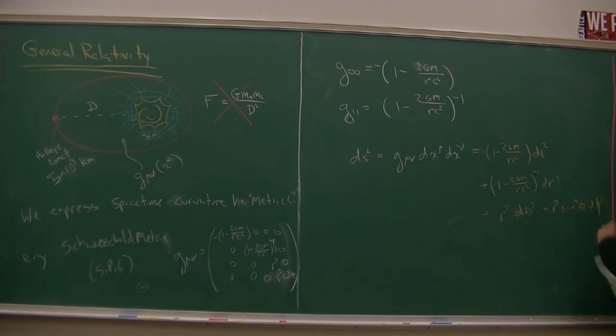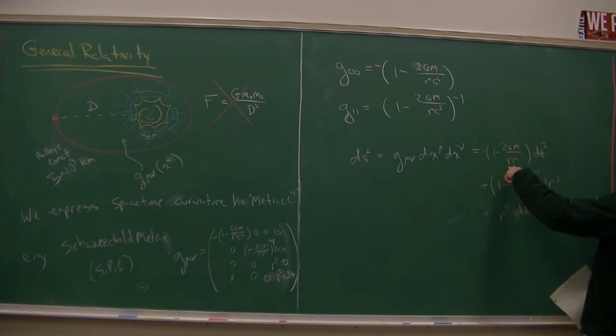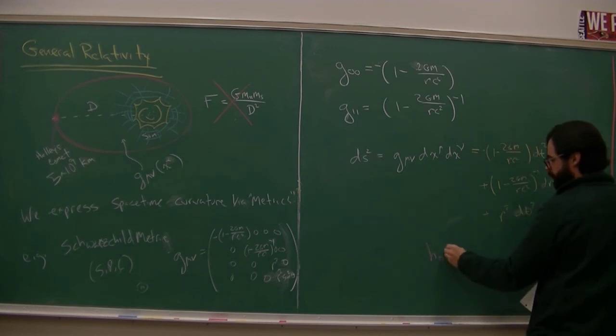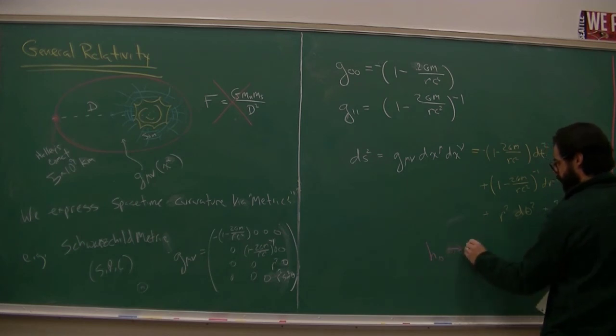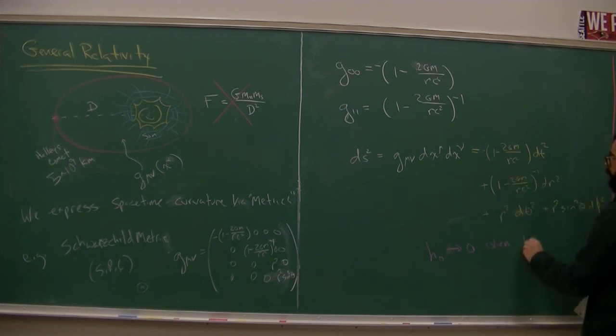So this is me moving a little bit in space-time. And again, I can see that there is the possibility of something really crazy happening when, for instance, we have, we'll call it h naught, the scale factor h for time could go to 0 when this vanishes, or when rc squared equals 2GM.